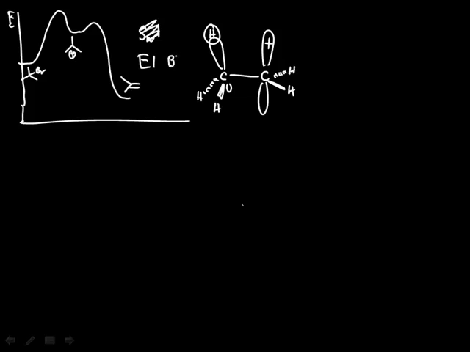And the attack of base onto this hydrogen allows it to extend the stabilization to the bottom lobe, since it's already present on the top, and to basically symmetrize this portion of the molecule into a double bonded piece.